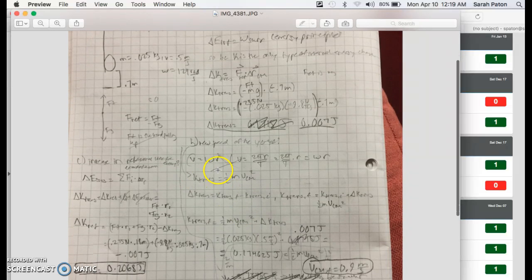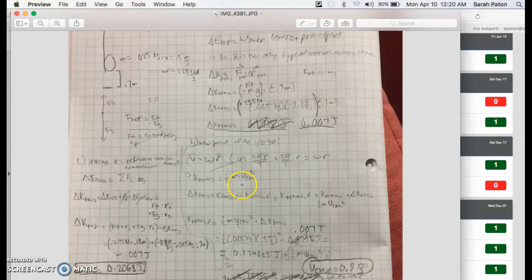Next up, I'm asked about the new speed of the yo-yo. As you can see, at first I thought this would be connected to omega and to r, but then I realized that I could still use my point particle system and not worry about omega, and instead use my knowledge of the translational kinetic energy. So because I know that the translational kinetic energy is 1/2 m v_cm squared, and I already know what the change in the translational kinetic energy is, I can simply isolate the velocity in my equation.